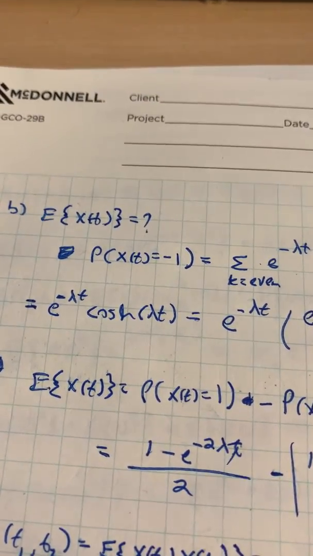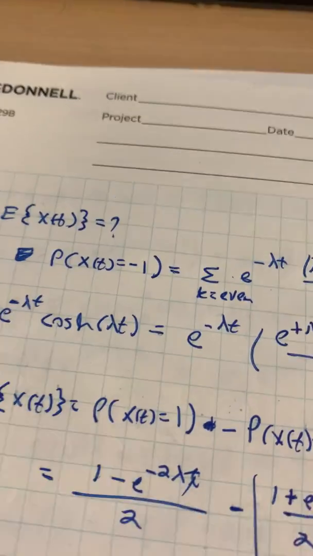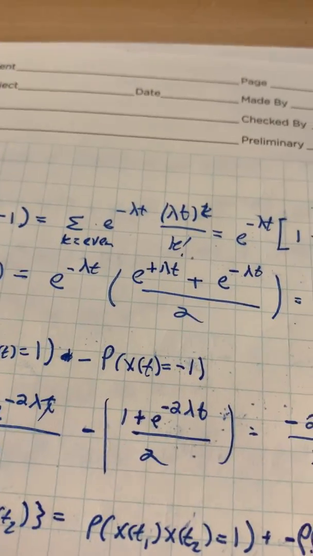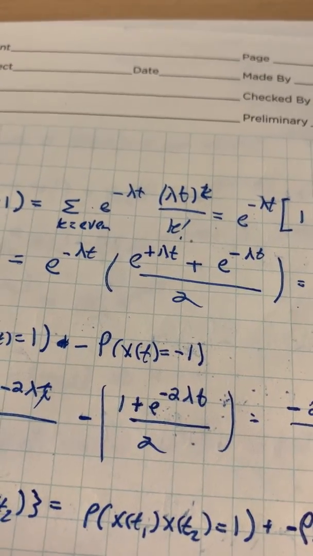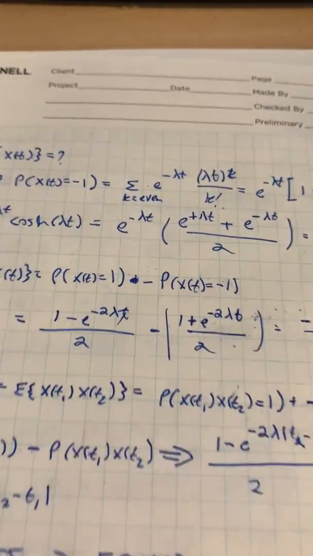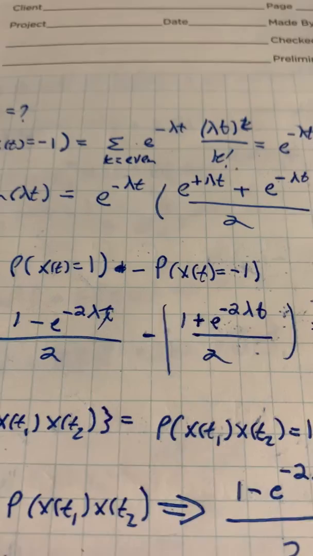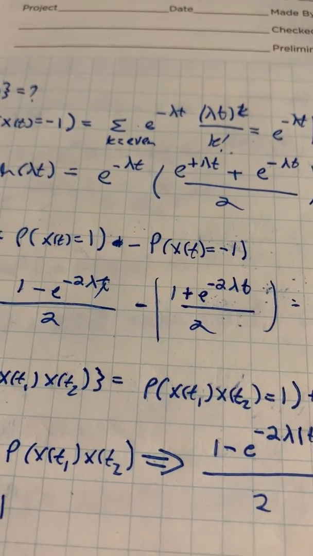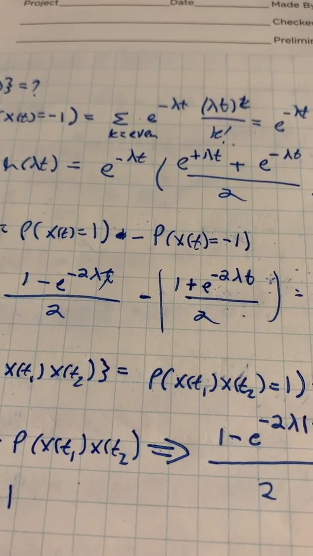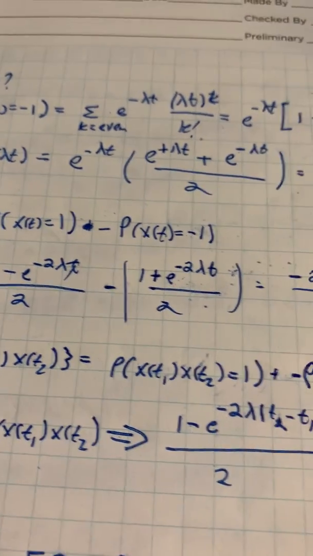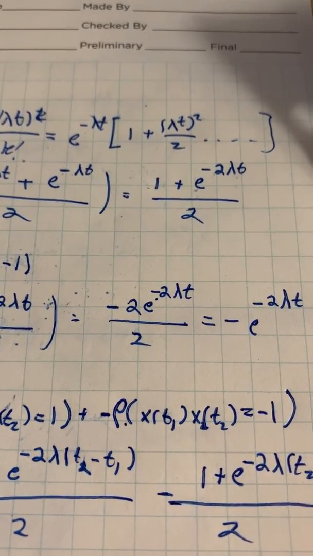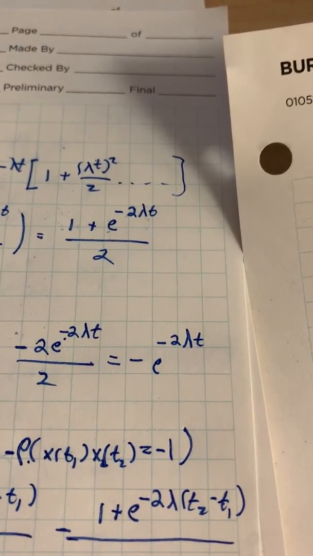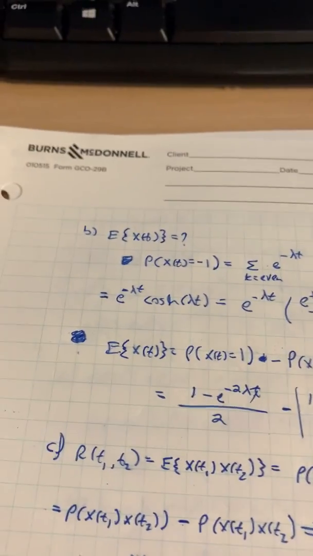So the expected value of x of t is the first probability that we solved for, plus the negative of the second probability that we found. So if you do the math here, we see that the ones cancel. The e to the negative 2 lambda t terms add, so we get -2 e to the negative 2 lambda t over 2, which comes out to e to the negative 2 lambda t.